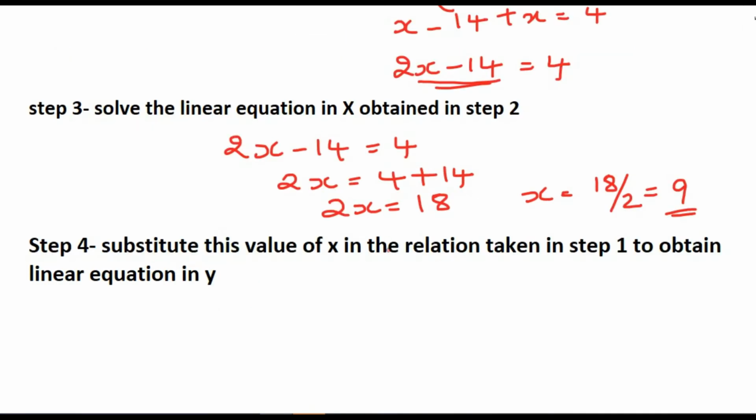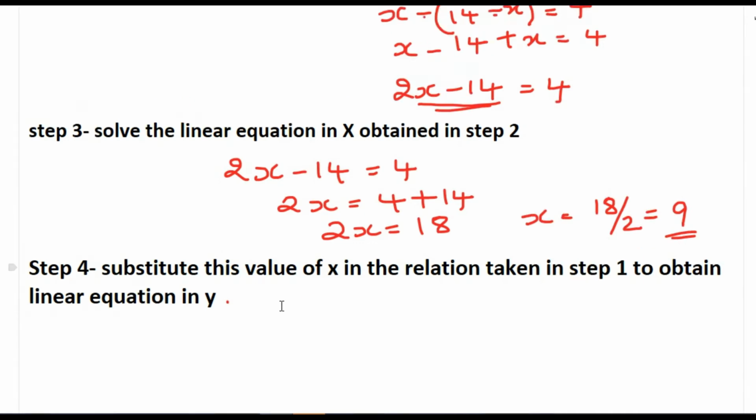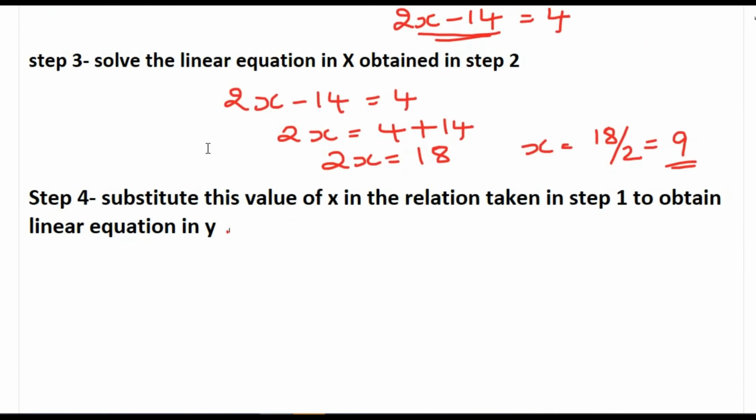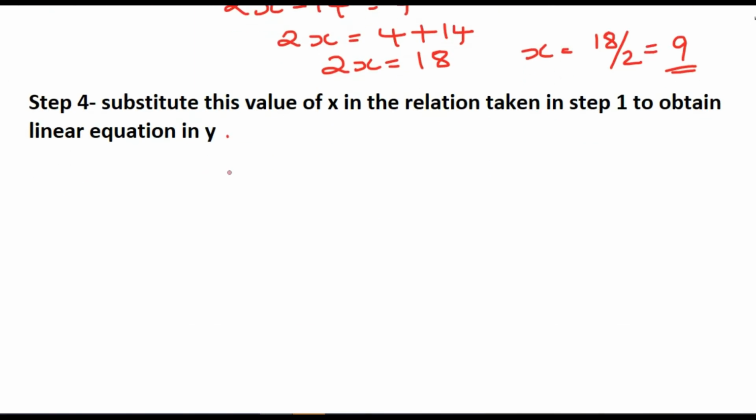Step 4: substitute this value of x in the relation taken in step 1 to obtain a linear equation in y. So I got now x equal to 9. I am going to substitute it in any one of these equations. In x plus y equal to 14, the value of x is 9, so 9 plus y equal to 14.